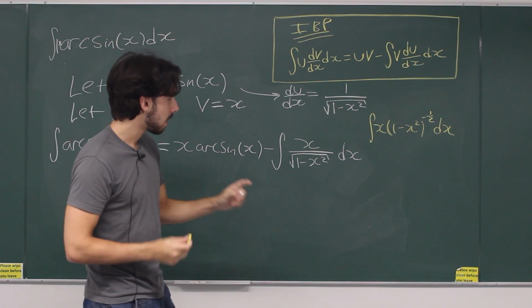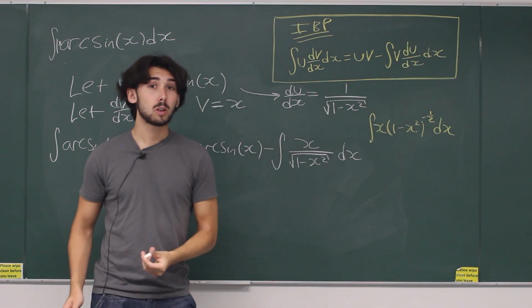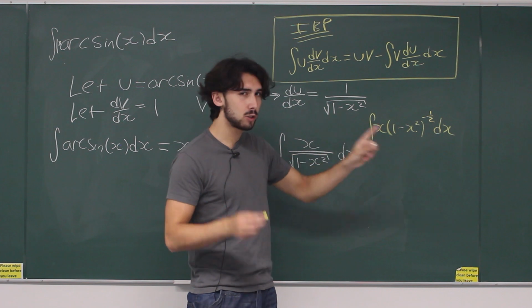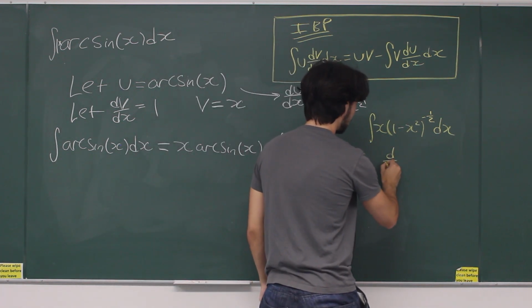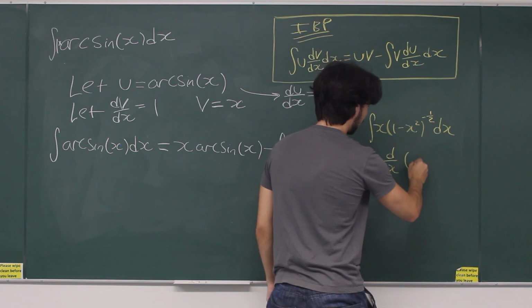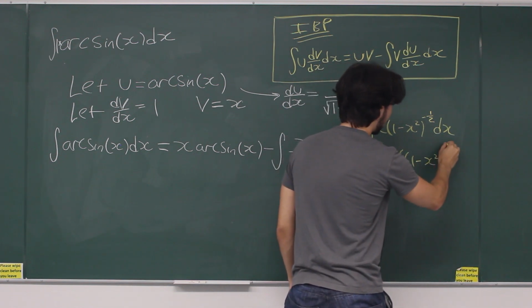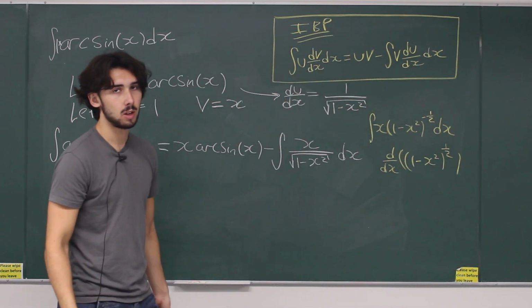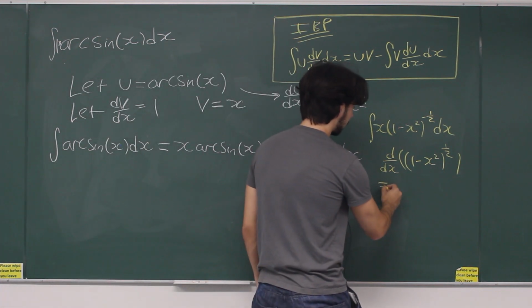So I'm thinking, I have got something that looks like it's already been differentiated. Because if, just stay with me here, I was going to differentiate 1 minus x squared to the power of positive 1/2, what would it be? Well, this would be equal to the following.